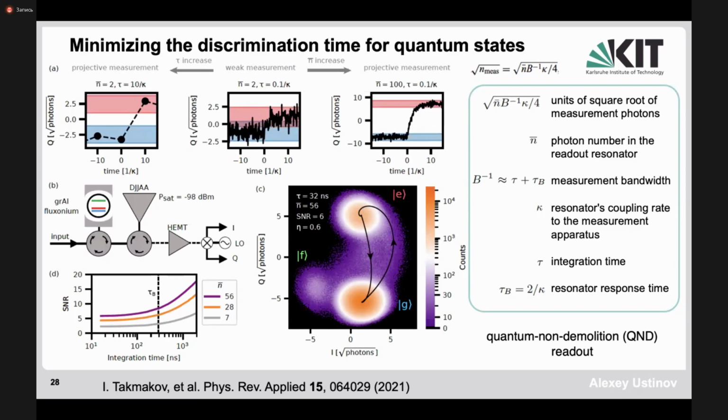Now, in order to minimize the discrimination between the quantum states, one can use special procedures, which I'm not going to discuss in great detail, but there is an interesting approach of doing quantum non-demolition readout, so-called QND readout, where you really do not collapse, but make a very weak measurement of the state by playing a game between the strength of coupling and the sensitivity of the readout, which in a certain protocol would allow making a transition from a weak measurement to projective measurement and back, depending on the increase of either the number of photons or the time of measurement.